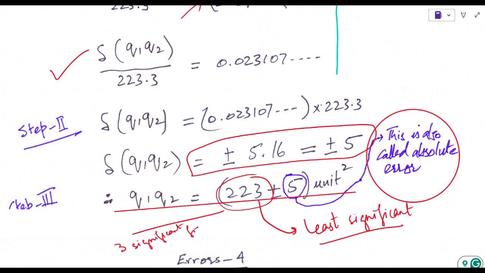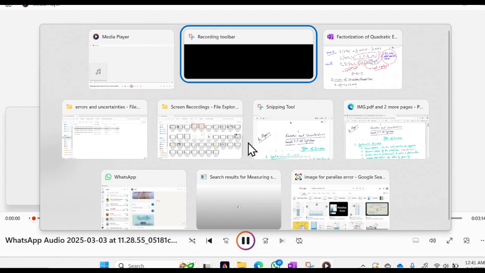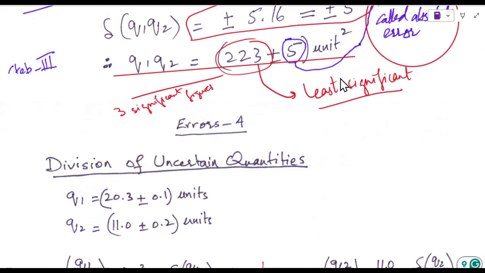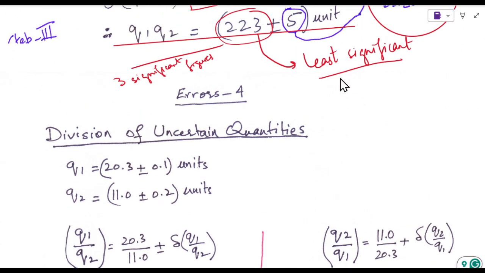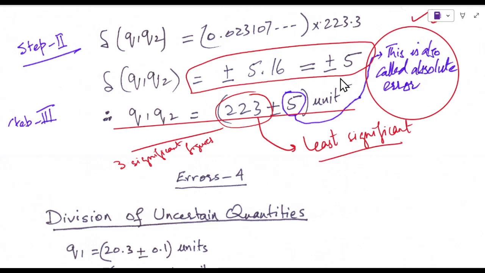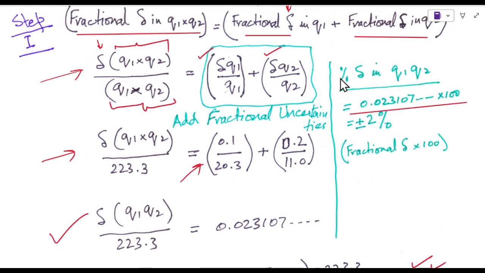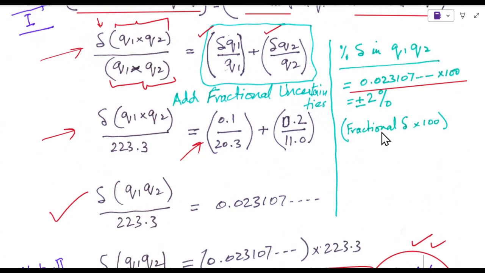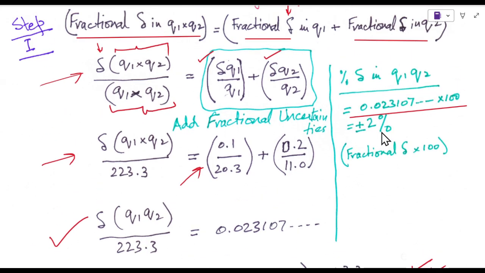The value plus minus 5 is also called the absolute error or absolute uncertainty in a calculation. I have also calculated percentage uncertainty in the multiplication of Q1 and Q2, which is plus minus 2%. Similarly, if you divide 5 with 223 and multiply it with 100, it will give you 2%.